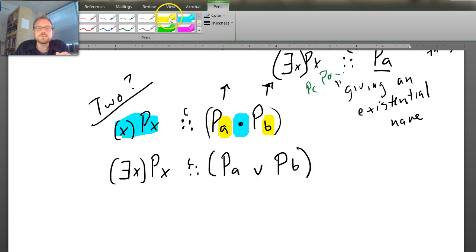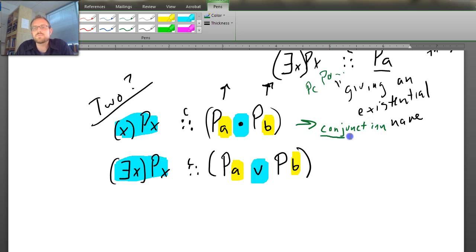In a universe the size of 2, we still have our A and our B. But the difference is that we use a disjunction, which means either this or this, because the existential refers to just one of them, and it doesn't matter which one. So that's a really important feature of how to do these problems: when you do a universal for a finite universe, make sure to use the conjunction.